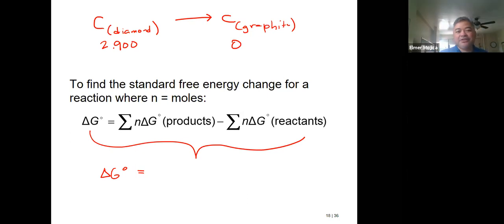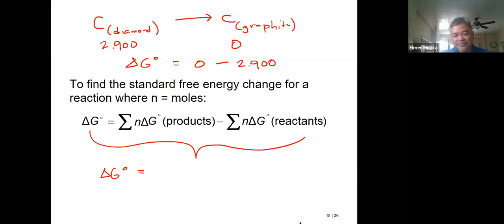So how are we going to solve here? If that's the equation, it will just be what? 0 minus 2.9, right? So that means, what does this mean?